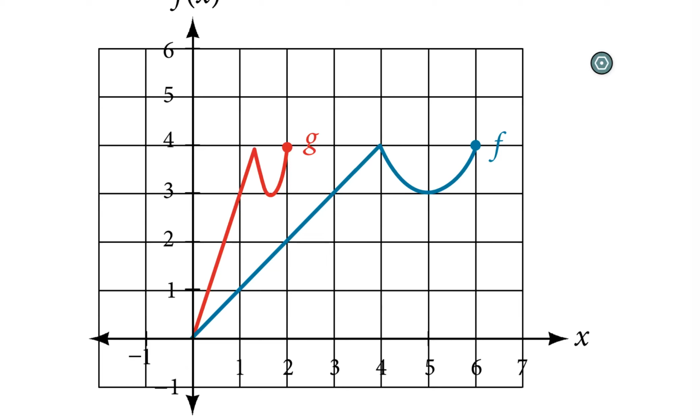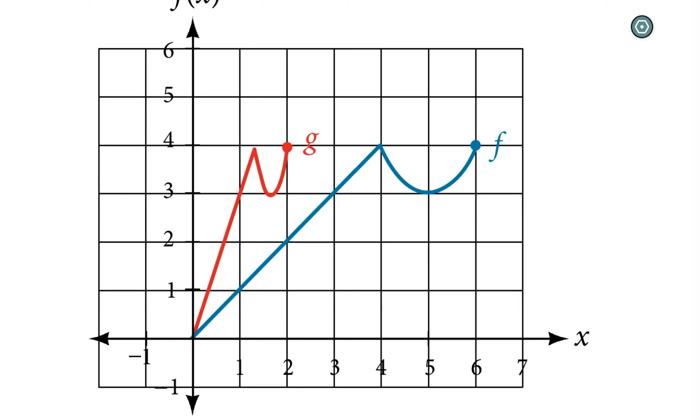This is the graph which appears in example 18 in the book, and we're here to find out whether g is a compression or a stretch of the graph of f, and mostly if it's a horizontal or a vertical stretch or compression.